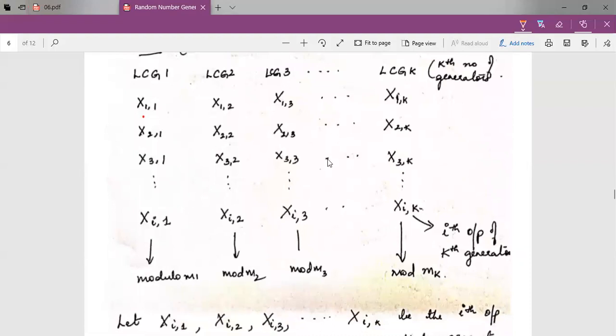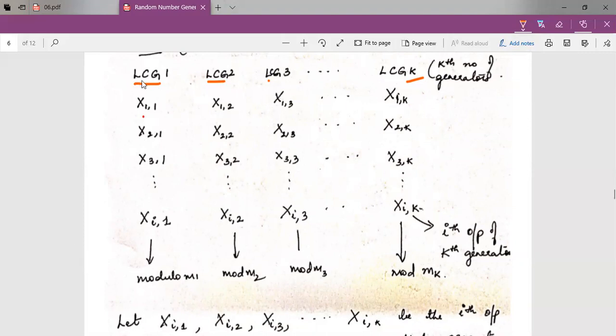The basic idea is something similar to this. It is just the idea representation that I'm trying to show here. So this is my linear congruential generator. This is one more linear congruential generator, and so on. This is my first, second, third, and so on up to k, so k number of generators. With respect to the first linear congruential generator, I will calculate the random integers, with respect to the second, random integers, and so on.